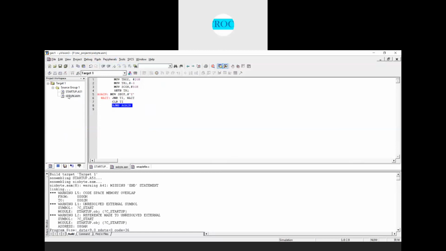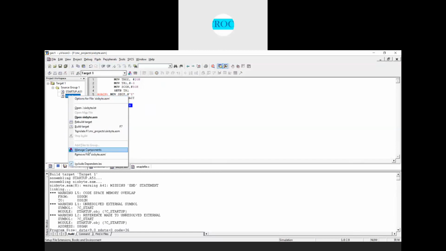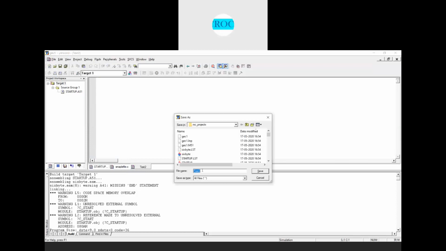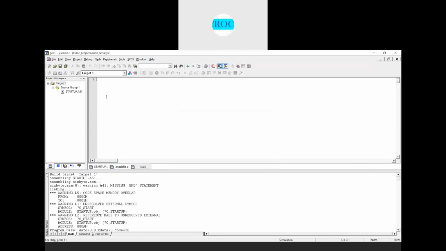I'll remove this assembly code and create one more sample file, and I'll store it as .c here. Now I'll write the code for it.